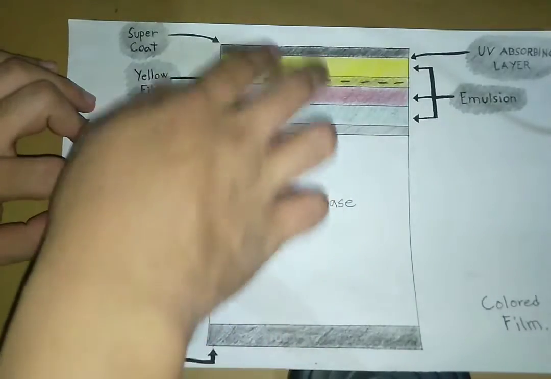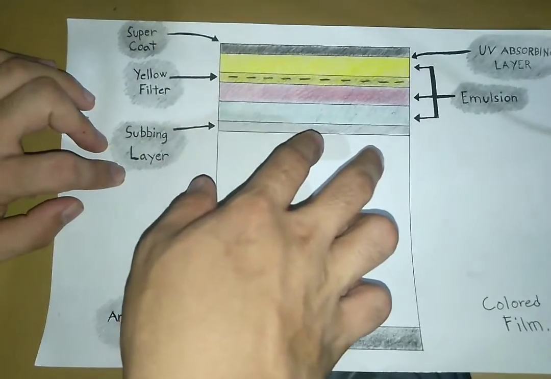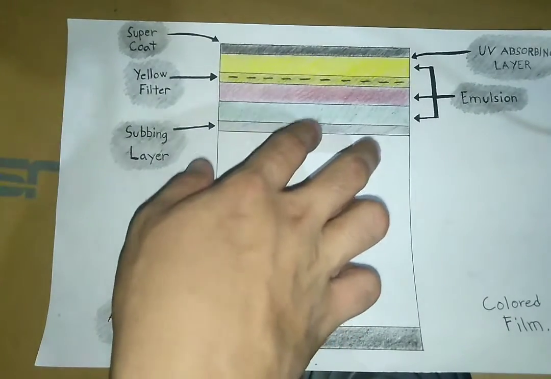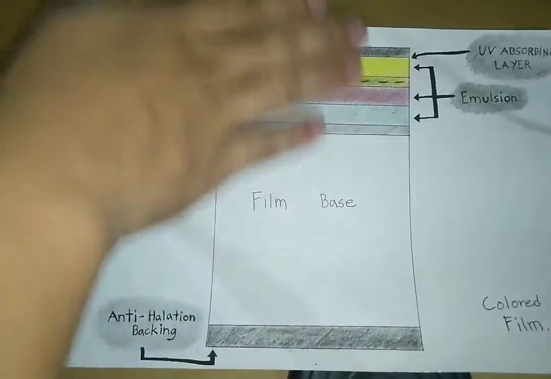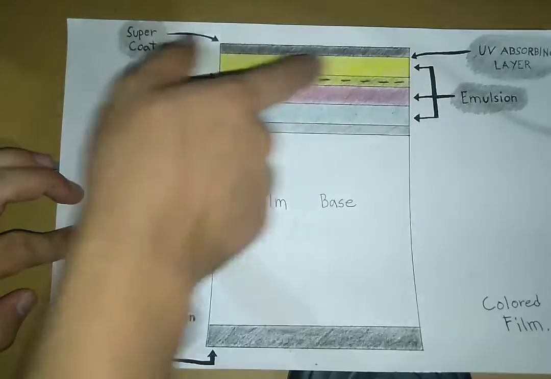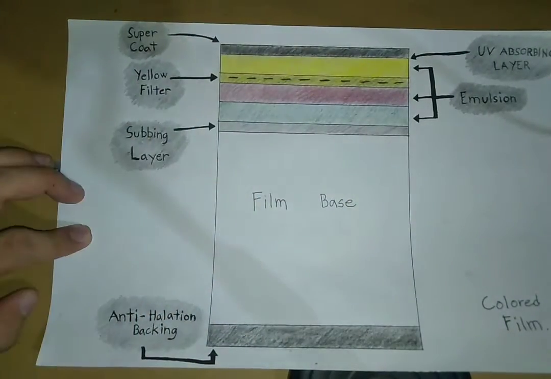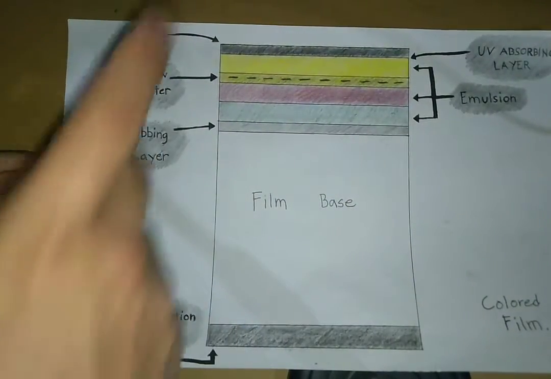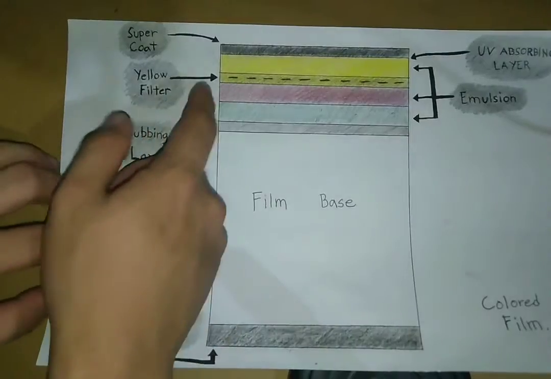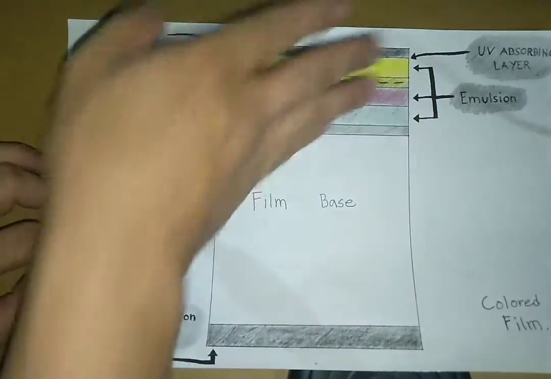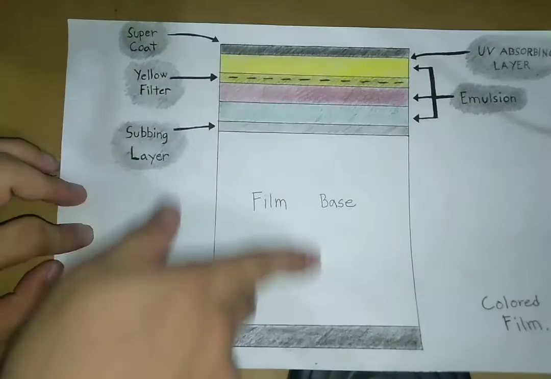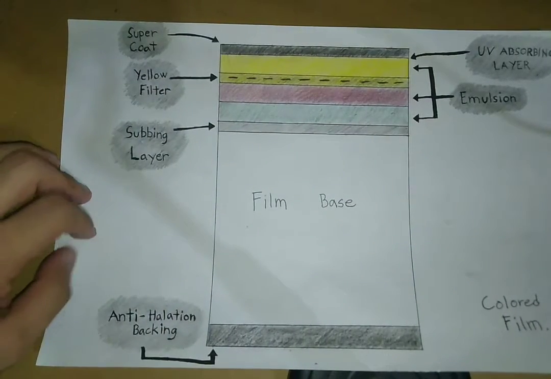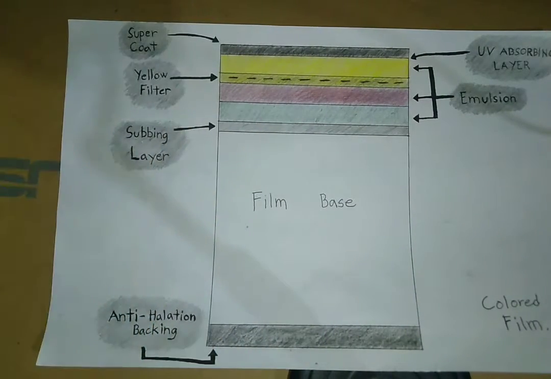It allows the light to pass through, but the blue light will be held back because of its work. Yellow filter holds back the blue light so that it will not pass through these layers down to the bottom part. So that's the work of the yellow filter.